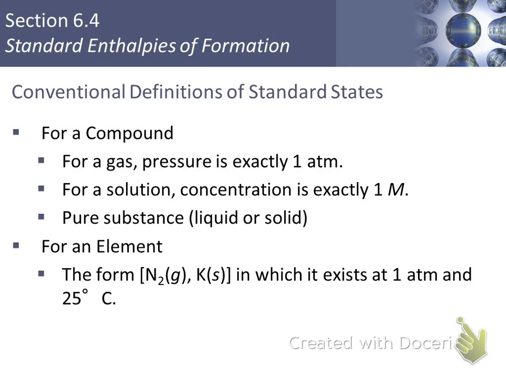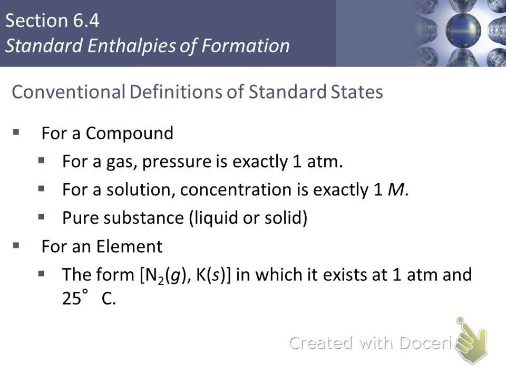I'm going to tell you what standard states mean. If it says it's given under standard states, it's got to be under certain temperature and pressure conditions in order to be a standard state. So for a gas, it's exactly 1 atmosphere. For a solution, it's exactly 1 molar.